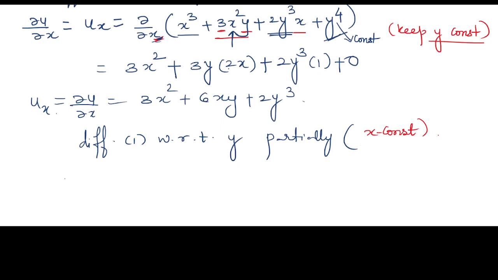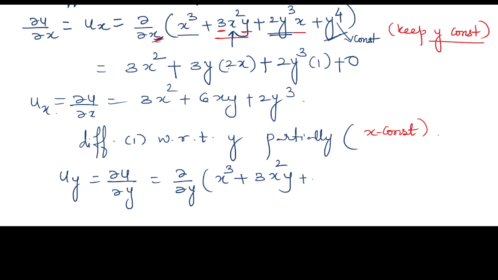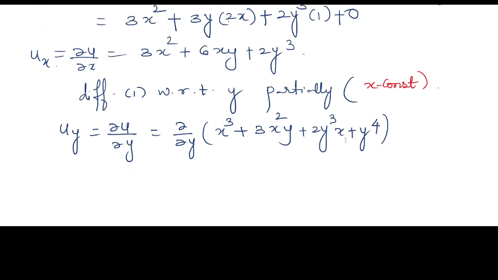The notation is uy, or dabba u by dabba y. That is dabba by dabba y of x cube plus 3x square y plus 2y cube x plus y raised to 4. Now here we have to differentiate with respect to y.